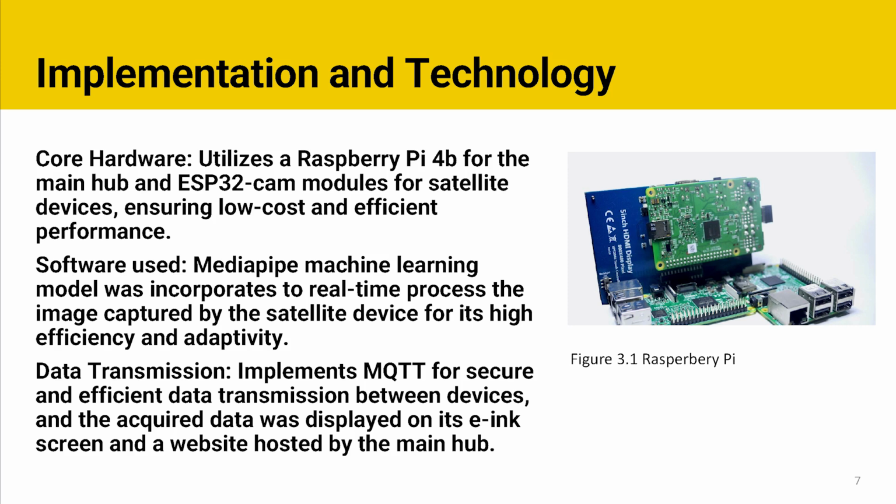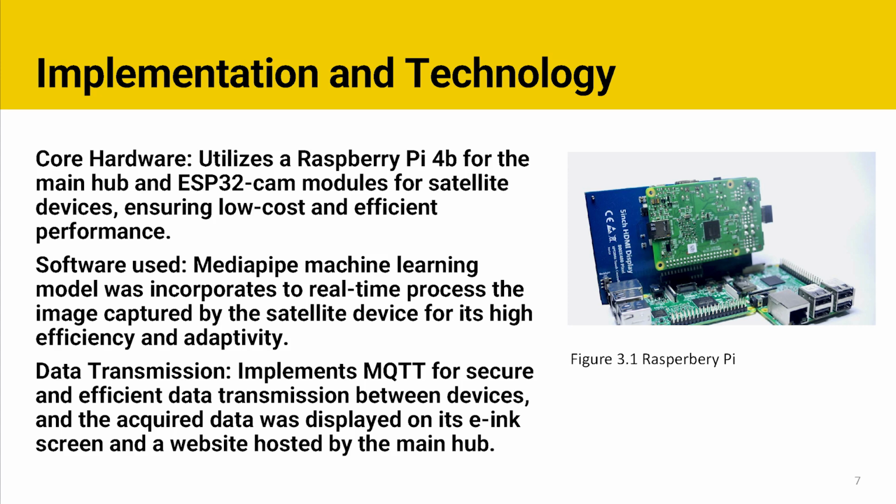For the implementation and technology part, Ruijun will introduce his task. For the core hardware, we selected a Raspberry Pi 4B for the main hub core and the ESP32-CAM modules for the satellite. This ensures low cost, efficient performance, and relatively good community support.